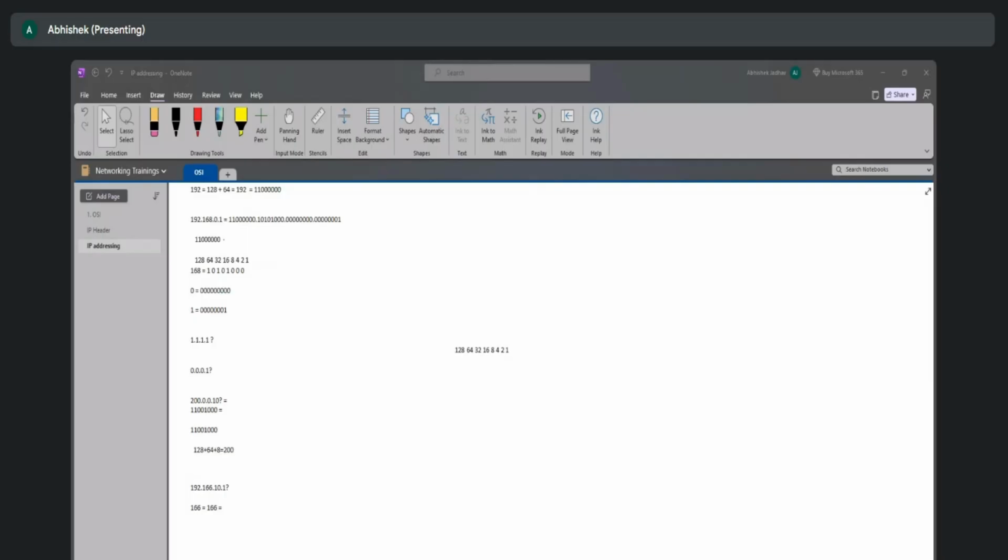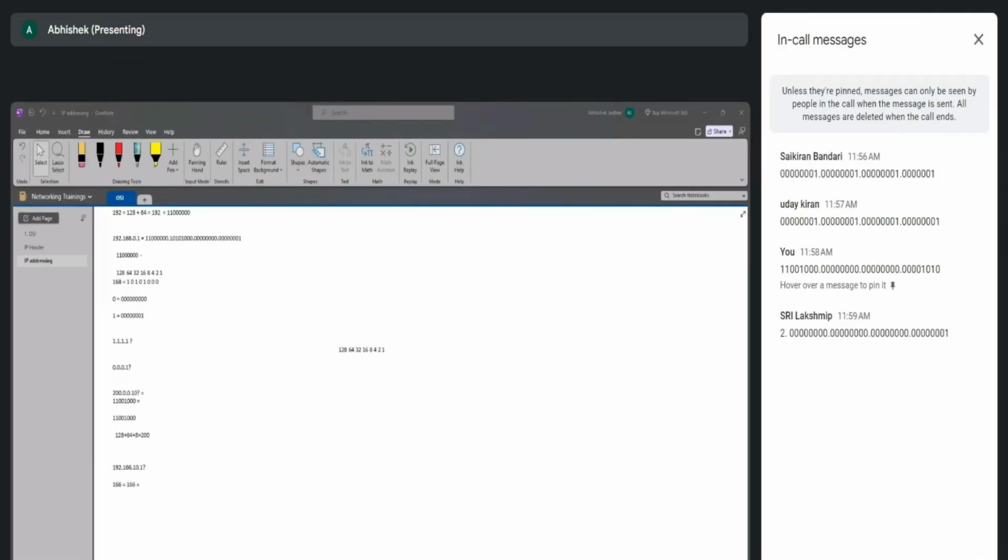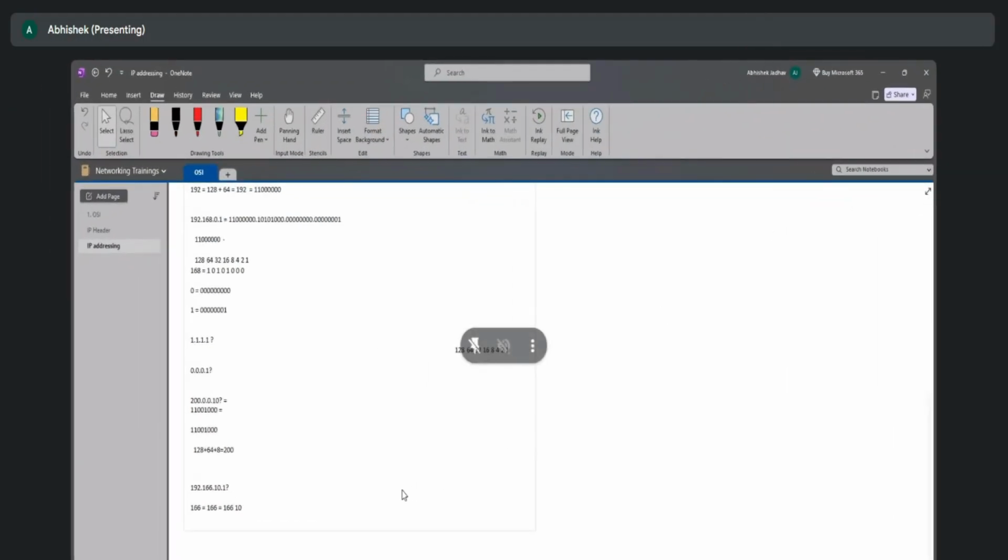For 166, the binary number is 10100110. So you're adding 128 to 32.